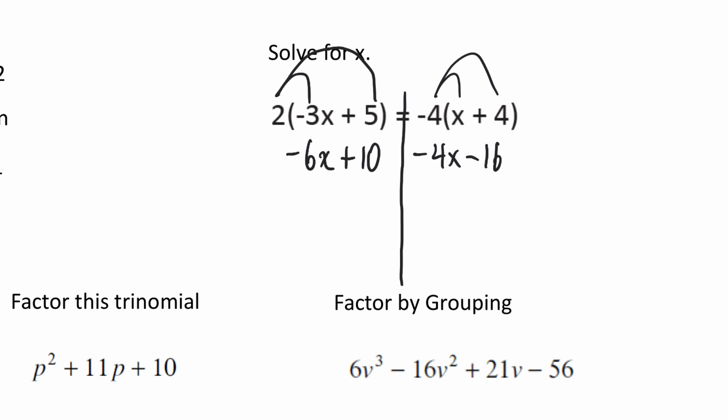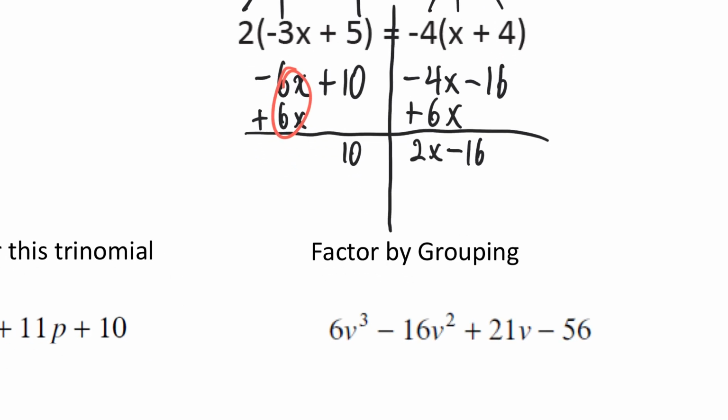Okay, I mean, you could go several ways. I'd probably go ahead and get the x's together first. So I'm going to add 6x to both sides. There's a lot of different ways you could do this and still be fine. So that zeroes out. That leaves 10 equal to 2x minus 16.